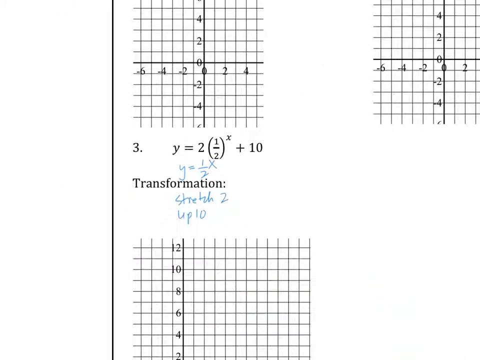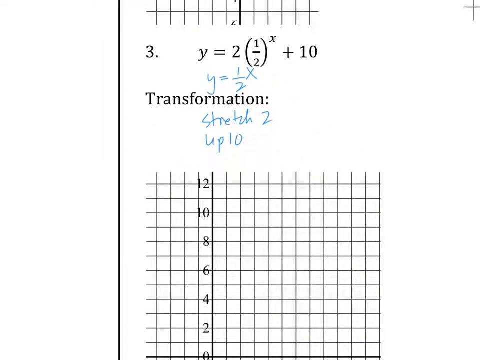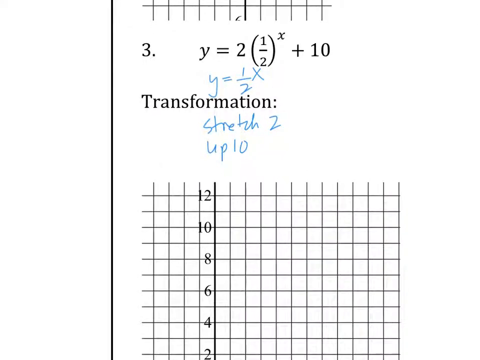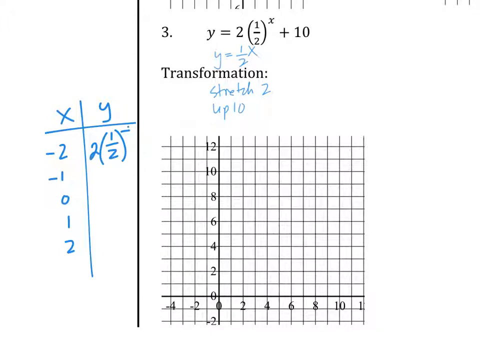Okay. All right. So let us graph this. Let's do number 3 because this is probably the trickiest one. So what you're going to do is you're going to stretch 2 and then go up 10. You can either start with the parent function and then just stretch 2 and go up 10, or just put in some values. 2 times 1/2 to the negative 2 plus 10. Make sure you do each one separately.